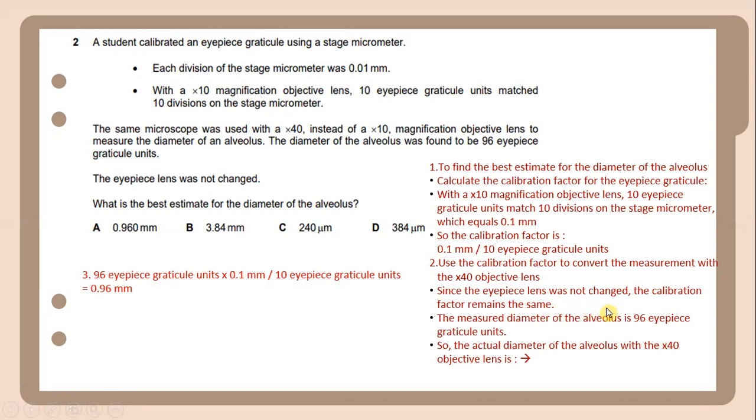Since the eyepiece lens was not changed, the calibration factor remains the same. The measured diameter of the ovule is 96 eyepiece reticule units, as given in the question. So the actual diameter of the ovule is 96 eyepiece reticule units multiplied by 0.1 mm and divided by 10 eyepiece reticule units, and you get the value of 0.96 mm. So the answer for number 2 is A.